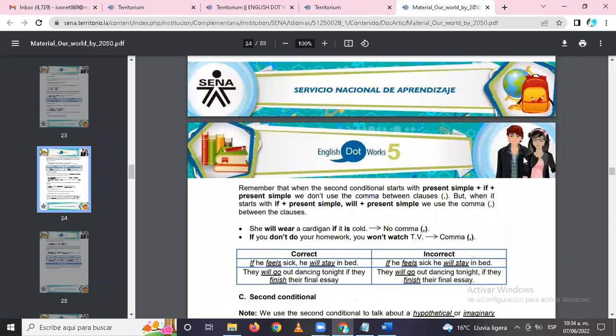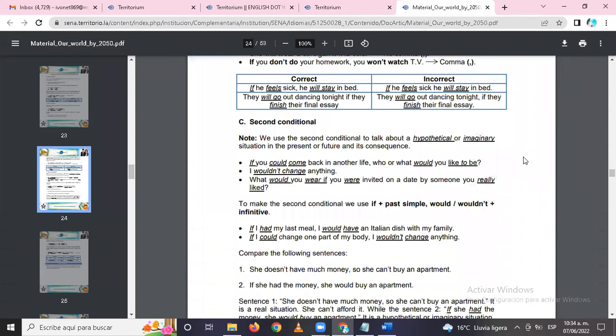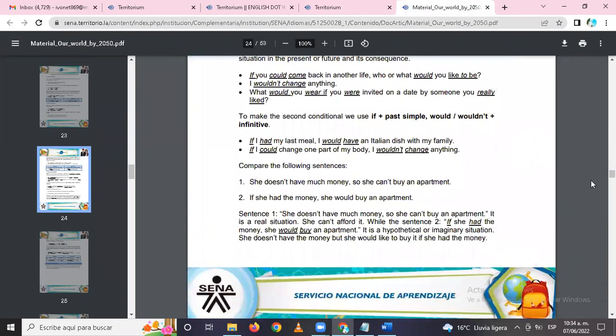Yo encuentro una información y la información que yo encuentro es, ok, no hay suficiente espacio, como en este caso, ¿cierto? She doesn't have much money.